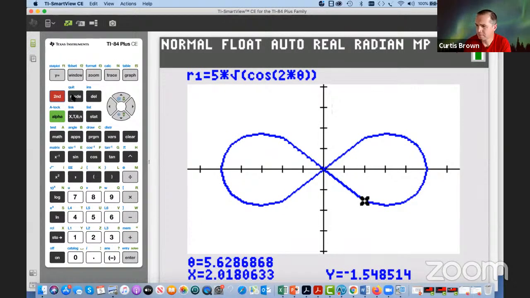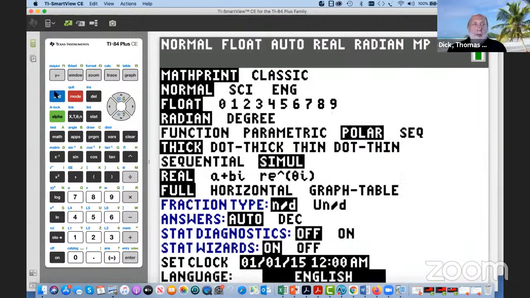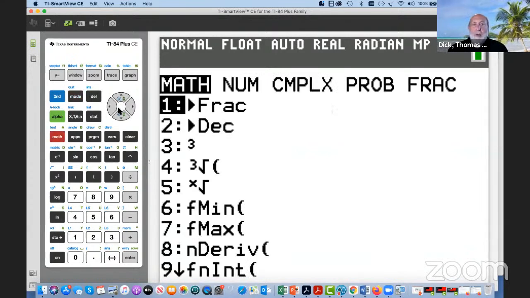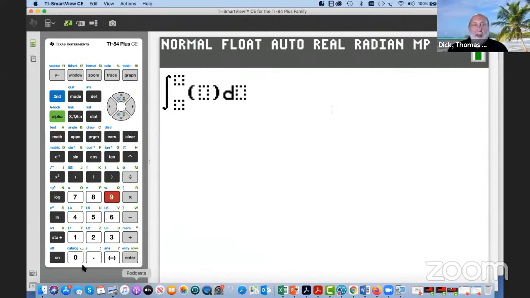So I'll just pull up the math menu. I see integral down there at the bottom. Yeah, FN in. I think it would be from 0 up to, let's go ahead and do pi over 4.